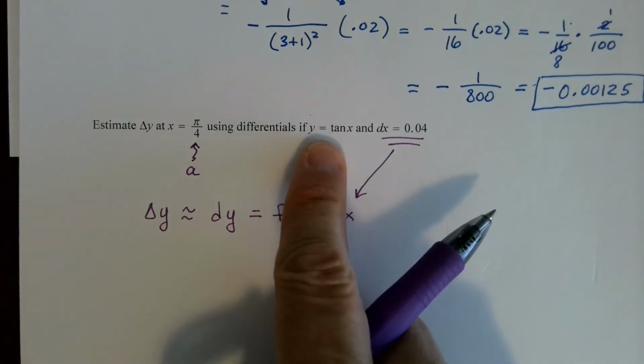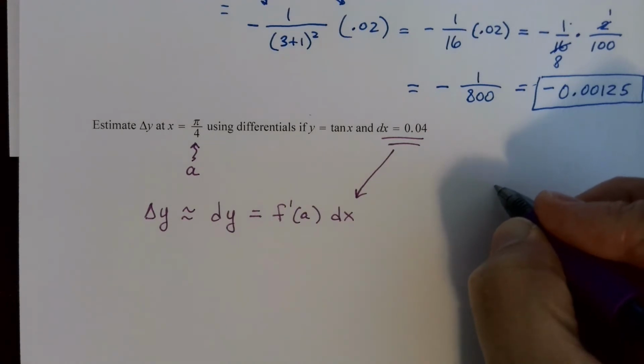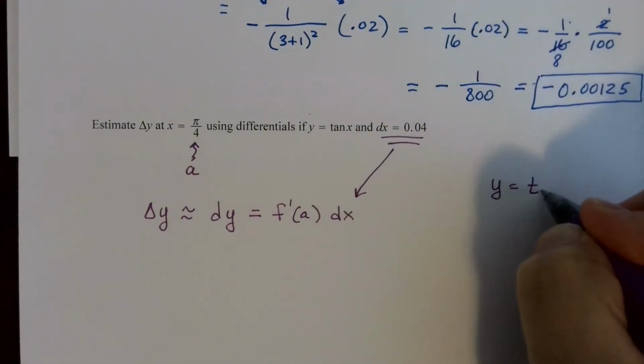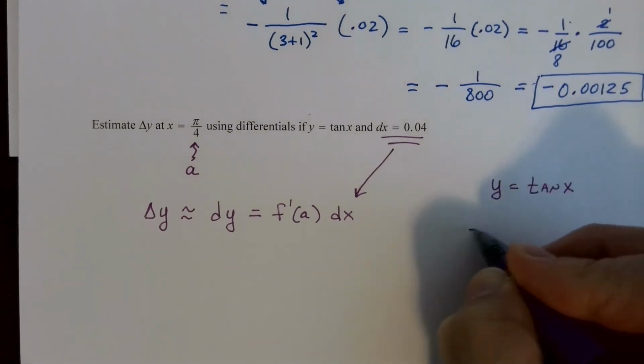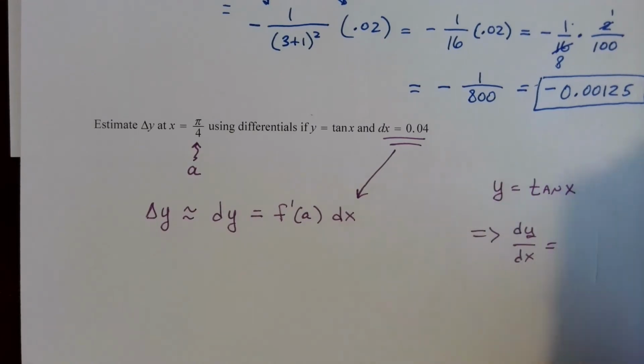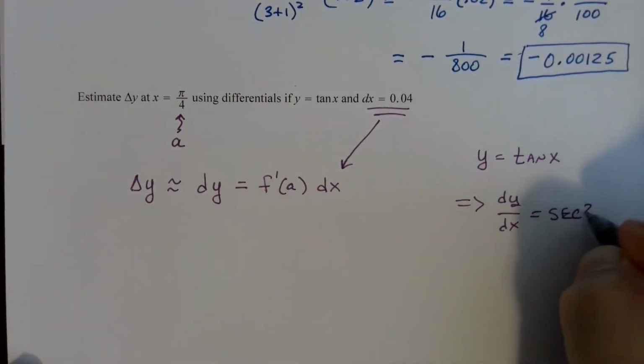Of course, here our function is y equal tangent x, so we'll say that's our function f of x. What am I going to need? I'm going to need the derivative, right? So what is the derivative of the tangent function? That's secant squared.